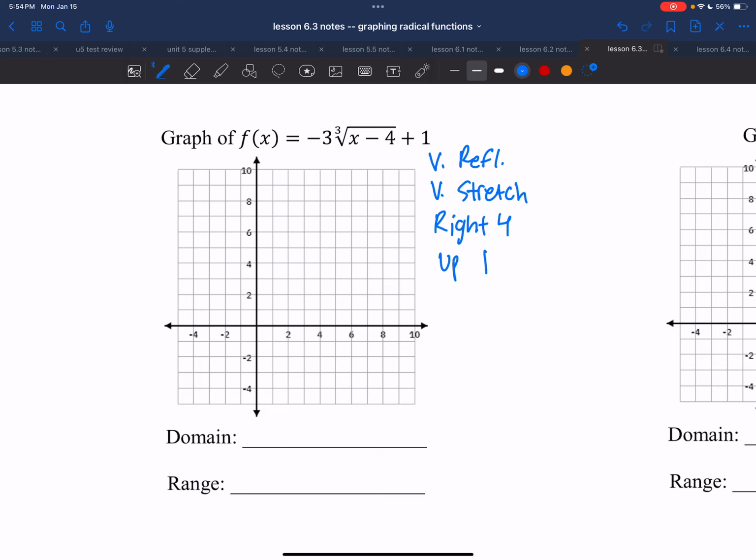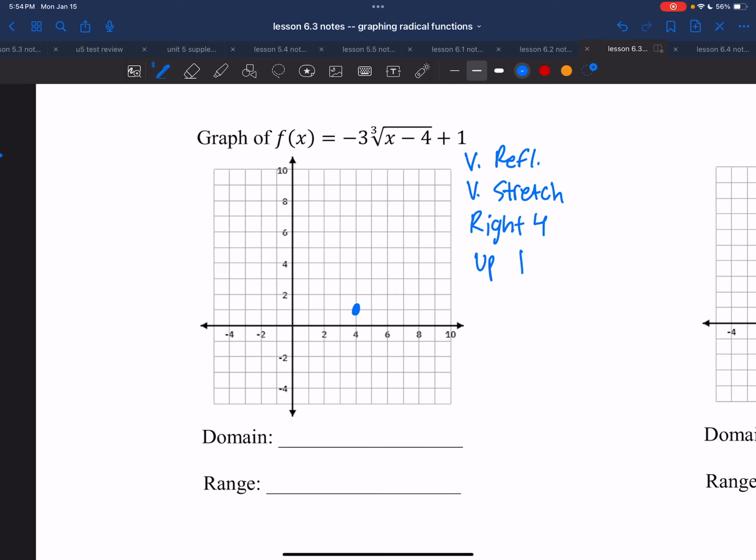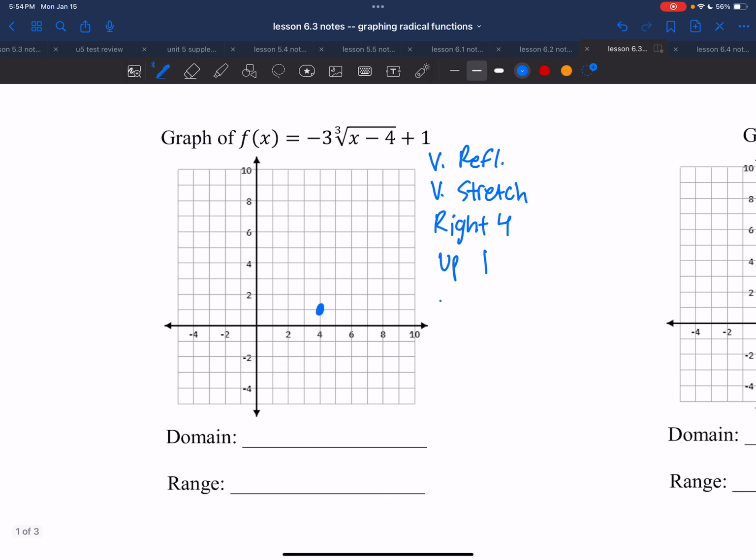let's analyze this. So I say, well, this is a cube root function, and it is shifted right 4, up 1. So the inflection point is 4 comma 1. I know this. And I can make a table of values.